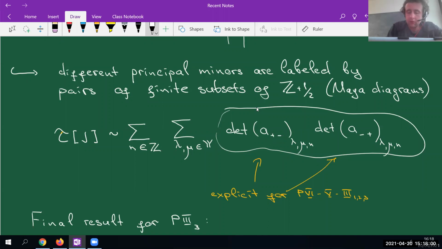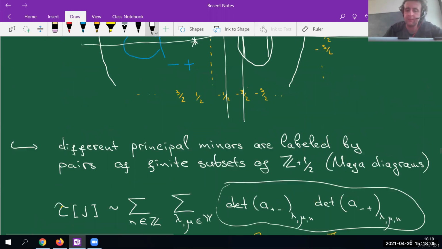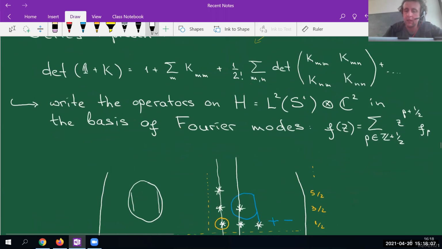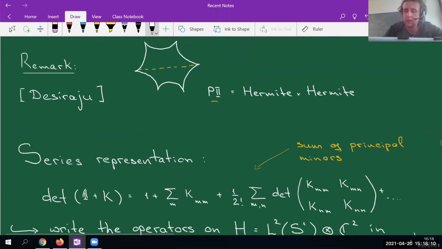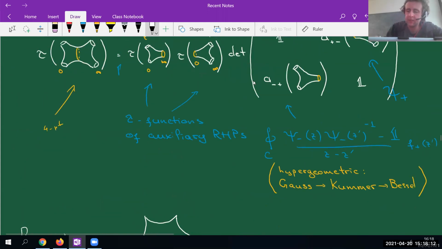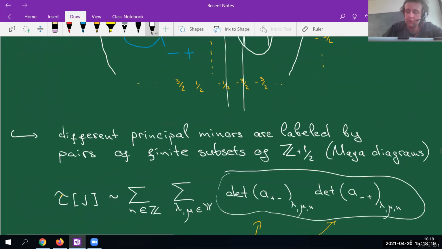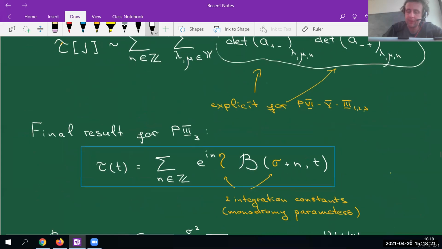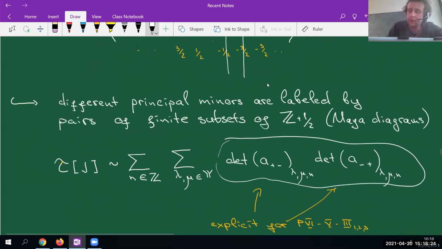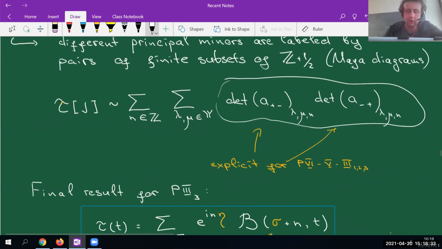But in the isomonodromic case, not only do we have these hypergeometric expressions for psi plus and psi minus and this operator A, but moreover, we can compute these elementary summands completely explicitly in a factorized form. So this is an additional miracle which happens in the isomonodromic situation.